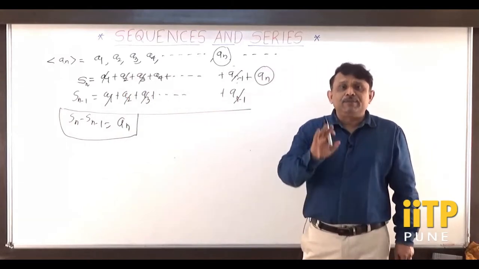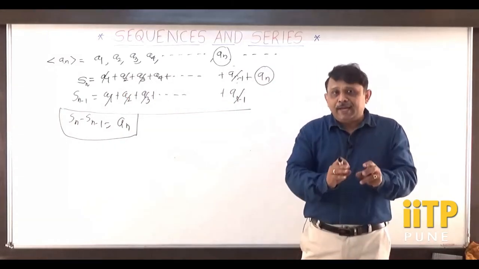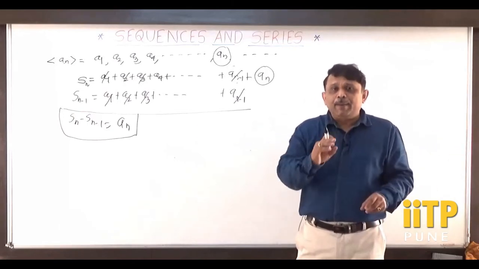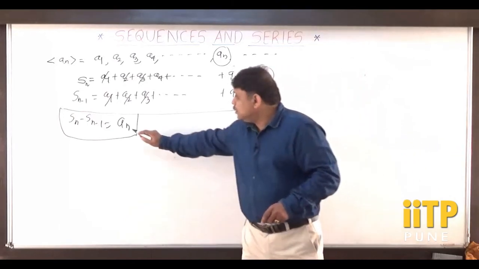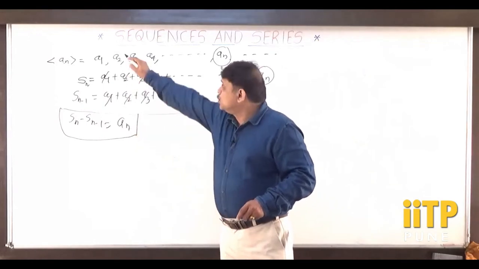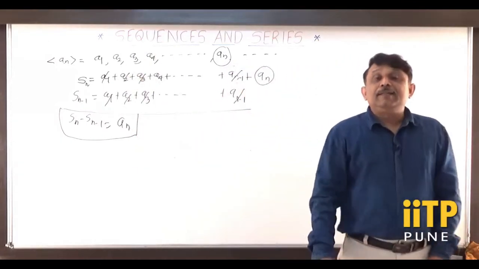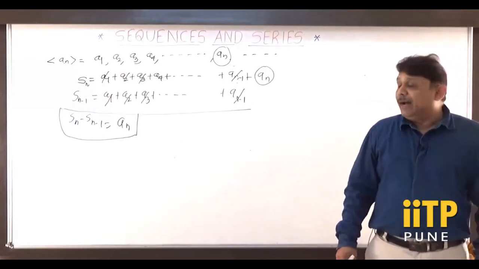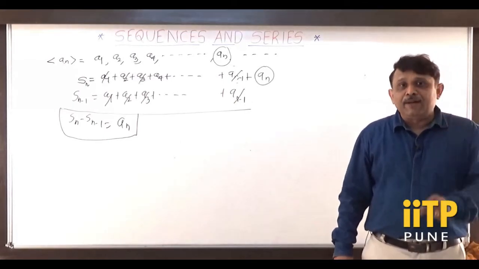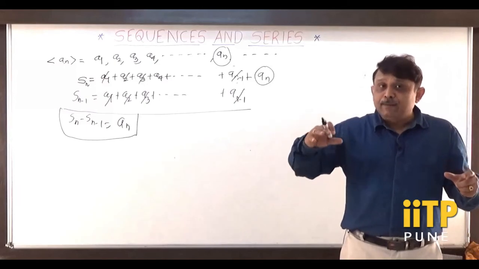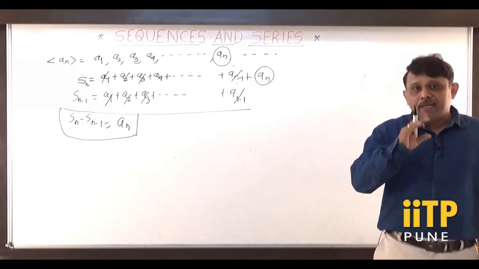Once the nth term is known, you can write the entire sequence by putting n equal to 1, so a1, n equal to 2, so a2, n equal to 3, so a3. This way, you get the entire sequence by knowing its nth term whenever the sum of the first n terms of that sequence is given.